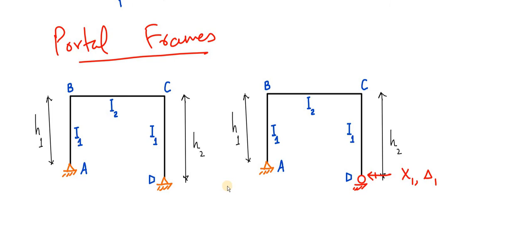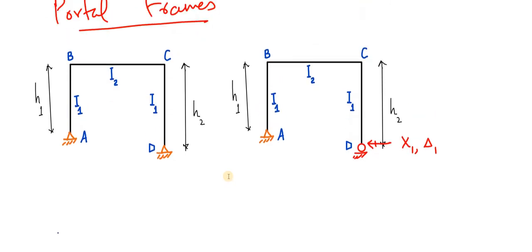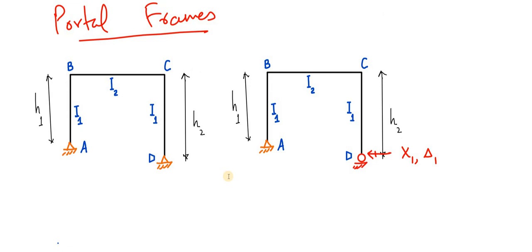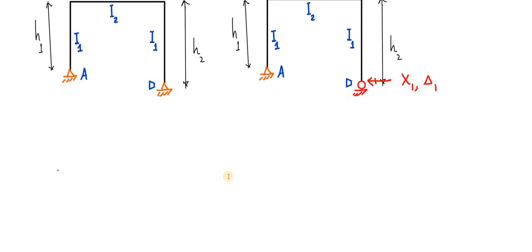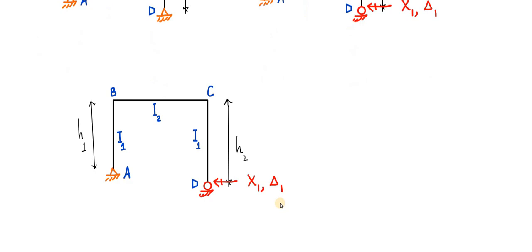So of course one thing is clear, we will have to consider a redundant over here, and next what we need to do is apply external loading to this primary structure and then consider a unit value of x1 and apply it right here. And then you need to determine displacement at D in horizontal direction, in the direction of x1. So we're going to do that first, which is something independent of the applied loading.